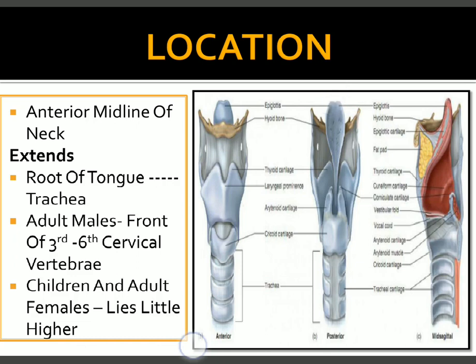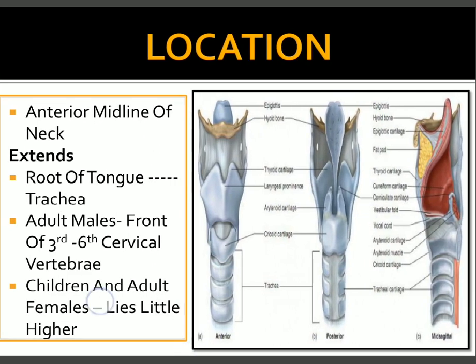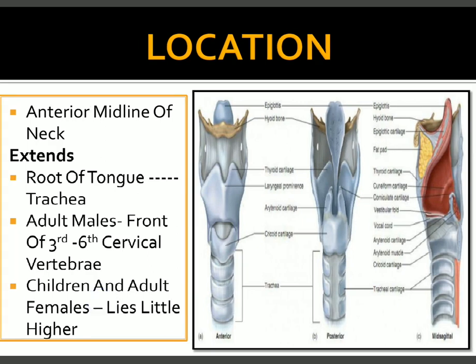These rings that you can see are the rings of the trachea, and the larynx extends up to these rings. In adult females and children, the location is slightly higher as compared to adult males.